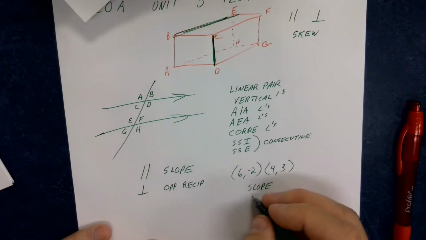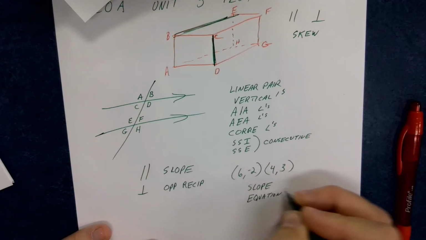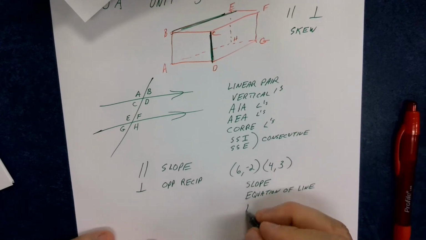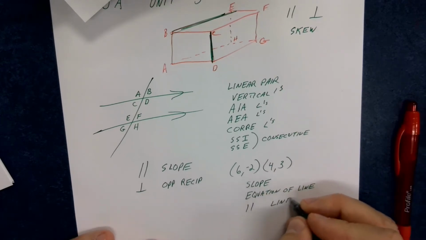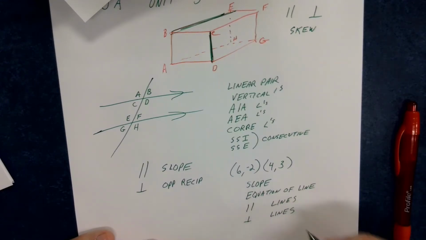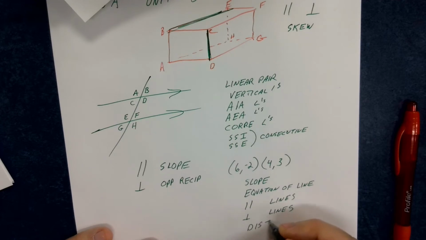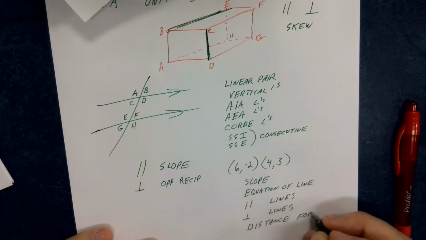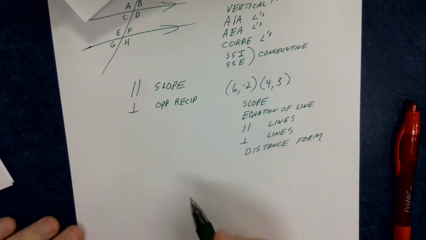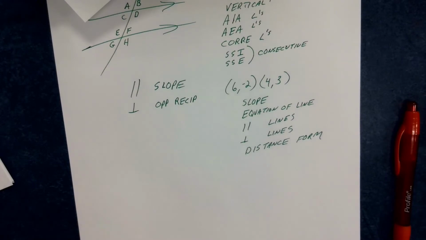You need to know how to find an equation of a line given 2 points, and then parallel lines to them, perpendicular lines to them, and being able to use a distance formula between them. So all of that stuff is given coordinates.